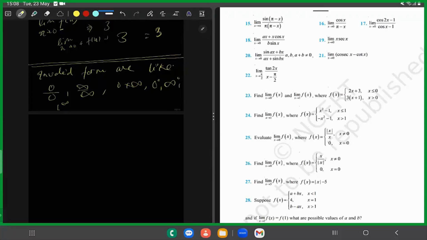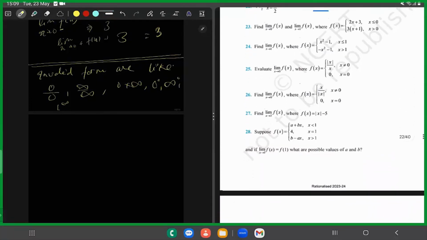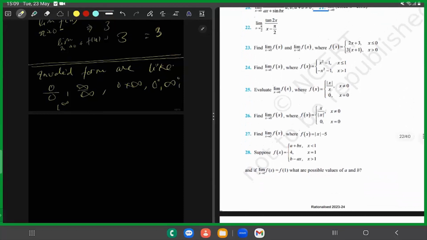So if we come to question number 24, it basically says that you are again given the implicit definition of the function. What do you mean by implicit definition of the function? It is basically that for different ranges of x, the function is changing its value.